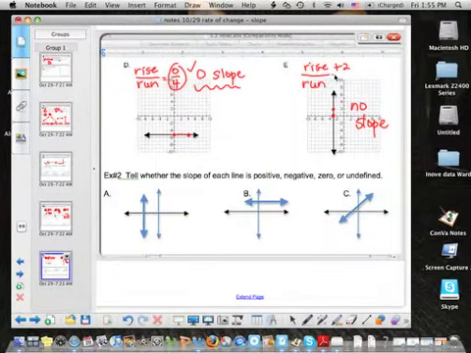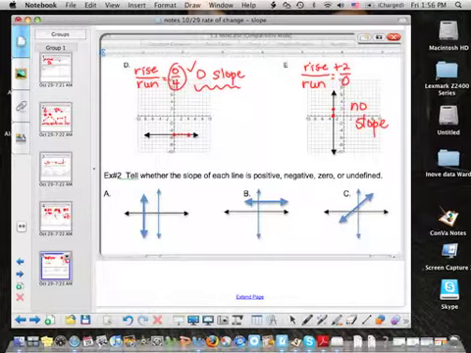My run, in this case, would be 0 because you're not going over left or right any. So if you use a calculator and you divide 2 divided by 0, you're going to get an error message that says undefined. It is not possible to divide things into 0 groups, therefore it is undefined when you try to do that. For our slope purposes, we say that this line has no slope.